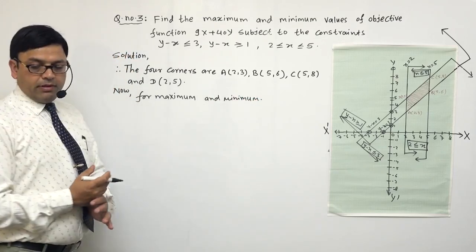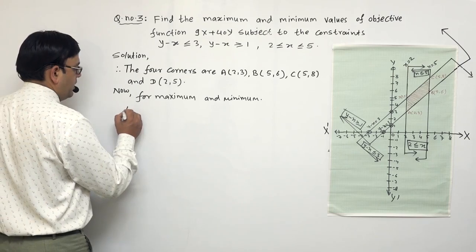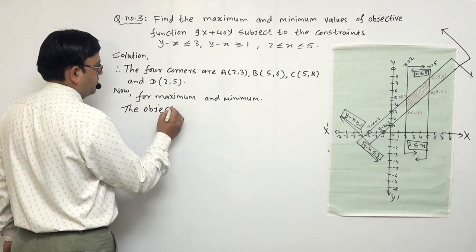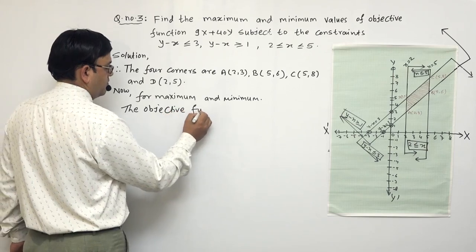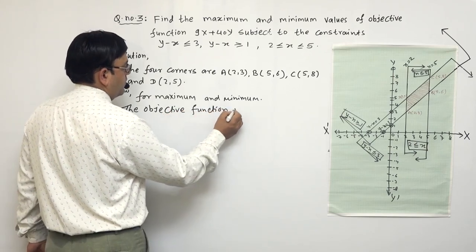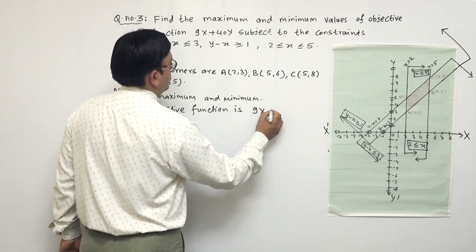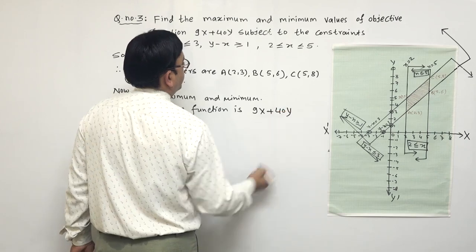Let us draw one table. The objective function is 9x plus 40y.